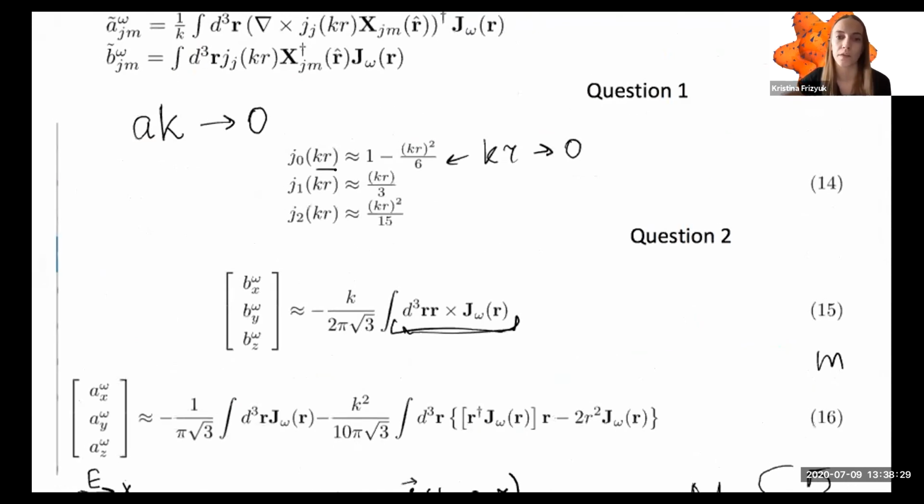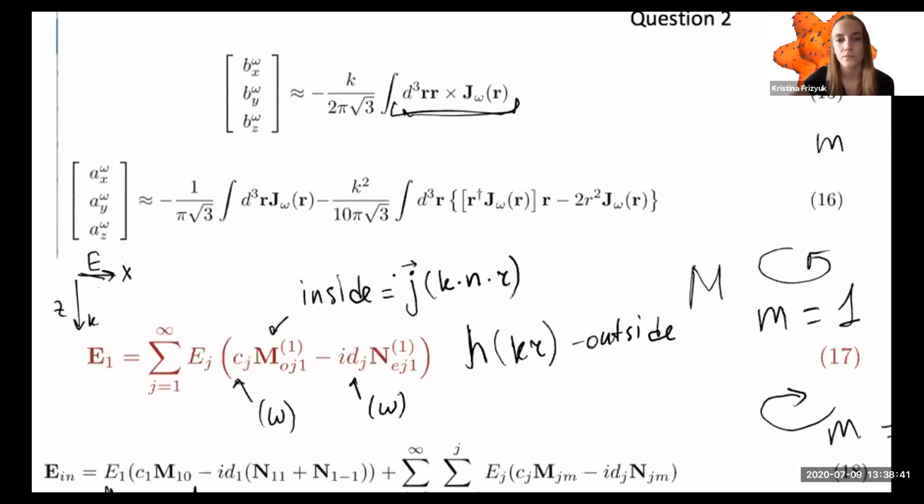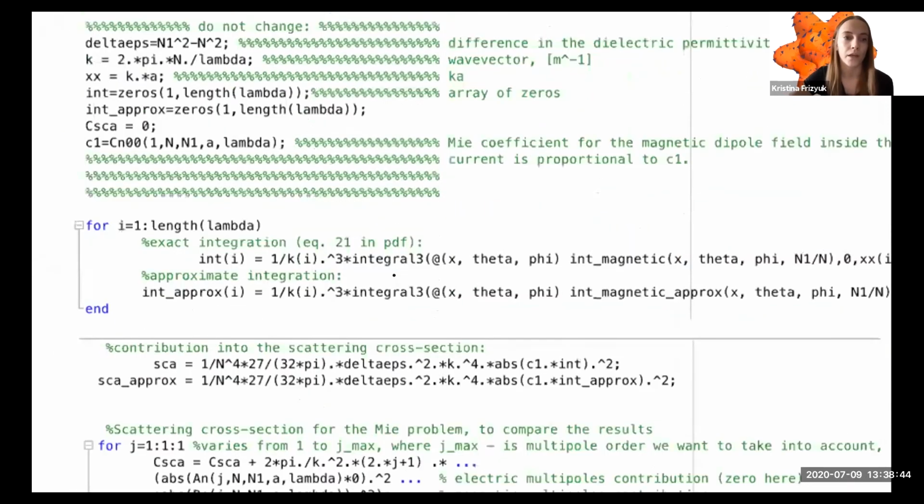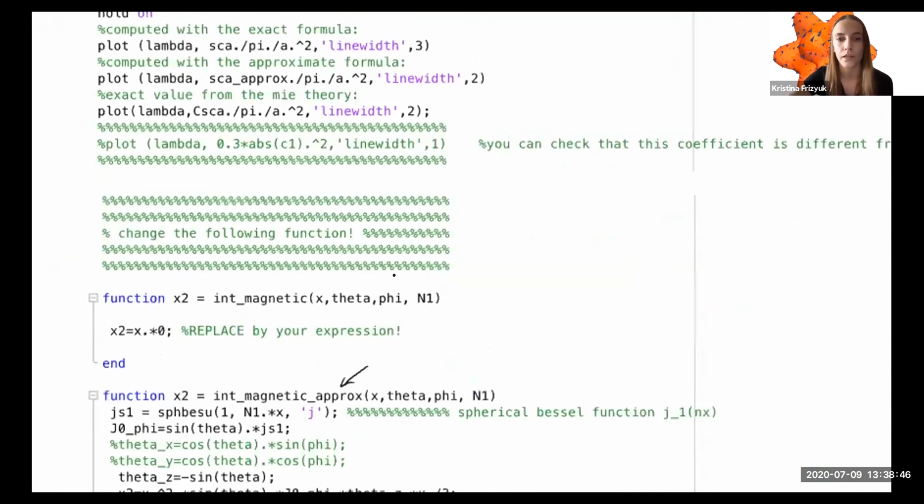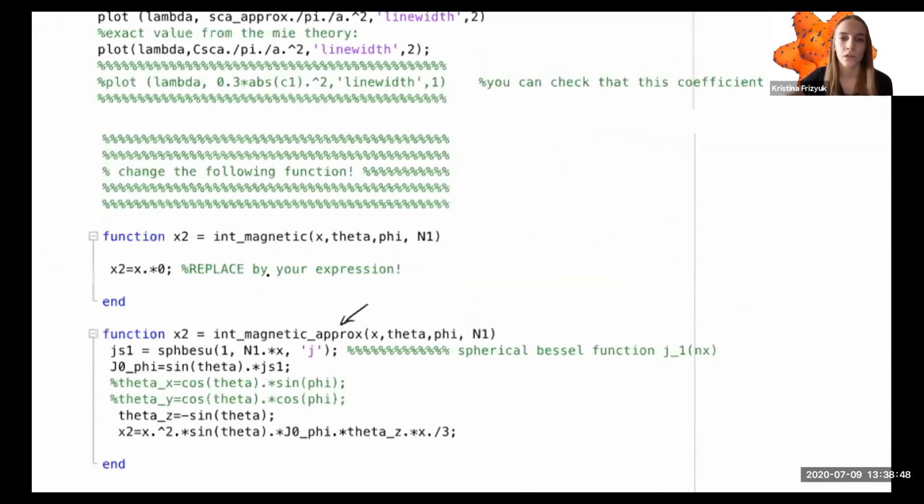The spherical Bessel function, you have replaced it by this one. Your aim is to write a function very similar to this one. You only need to slightly change these terms, put them here, and obtain the exact formula.